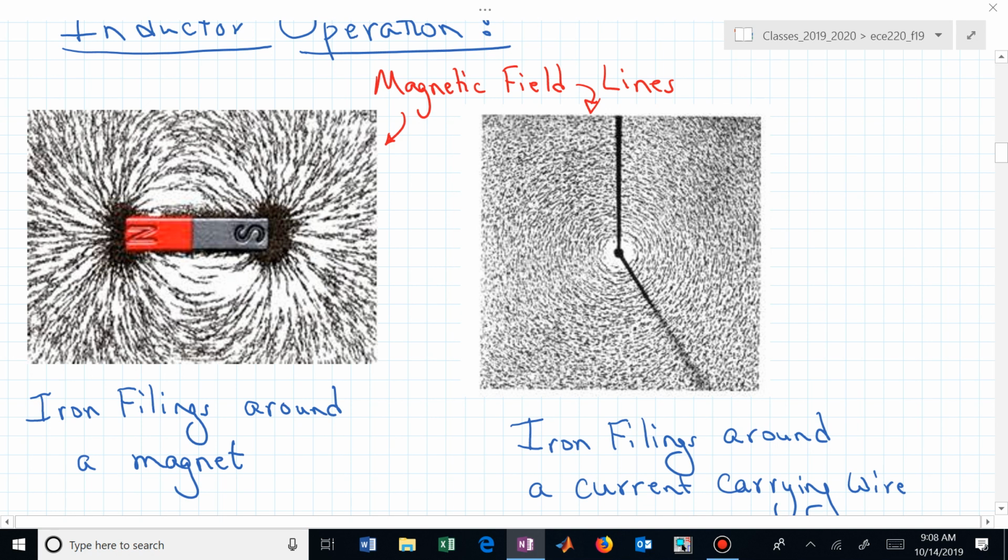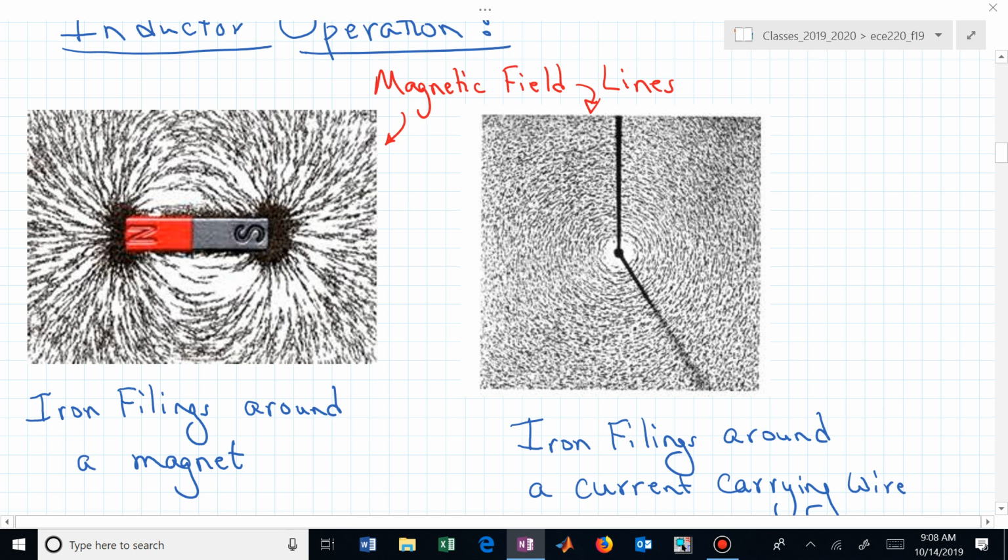Well, the picture on the right shows the same kind of iron filings, but now, instead of a magnet, we have a magnetic field produced by current flowing in a wire. And you can see that this magnetic field is now circular in nature, and it's a connected loop around, and it expands out from this wire.